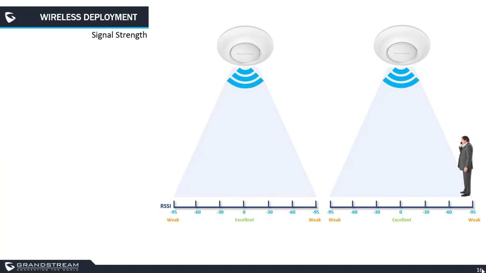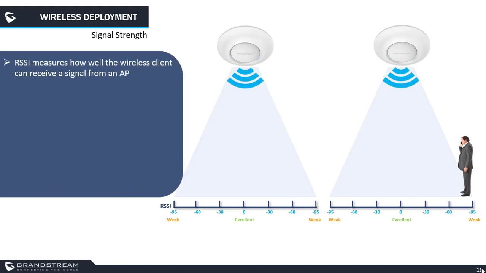One element that is used to measure the wireless signal strength is called the RSSI. RSSI stands for Received Signal Strength Indicator. It measures how well the wireless device can hear a signal from an access point or wireless router.